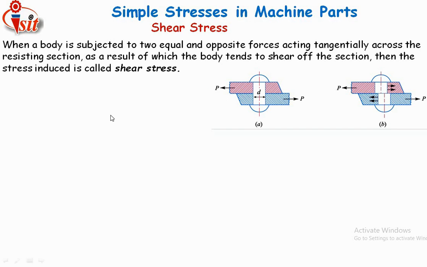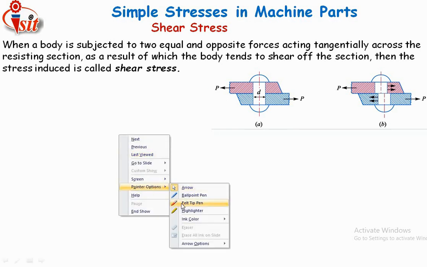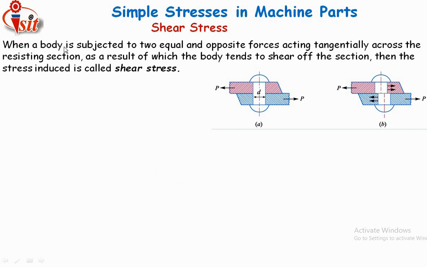Now when a body is subjected to two equal and opposite forces, that is the same case as the tensile and compressive stress, but here the forces are acting tangentially. That is the most important requirement.